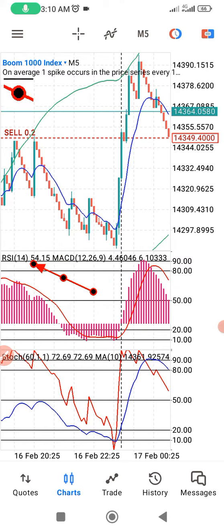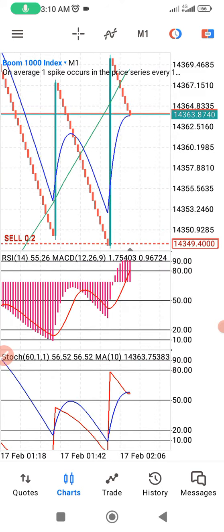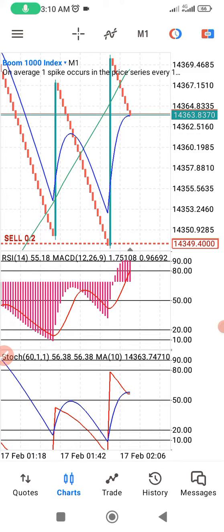This RSI is at 35 below, 30, 35 below. Then you can buy, or you can go to your M1. You can see what is happening on your M1.